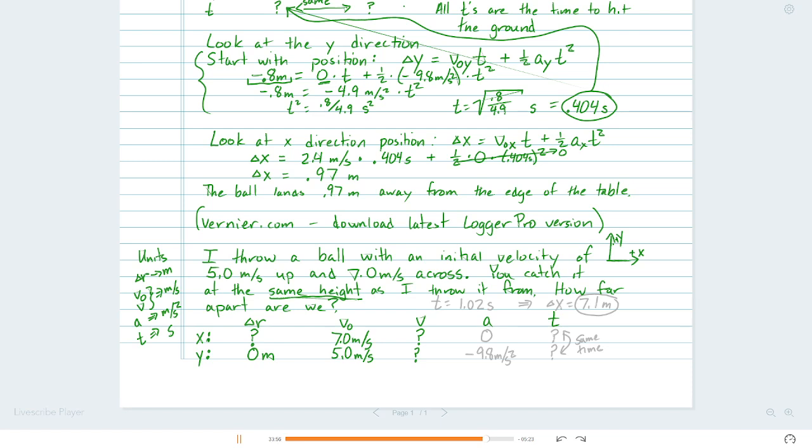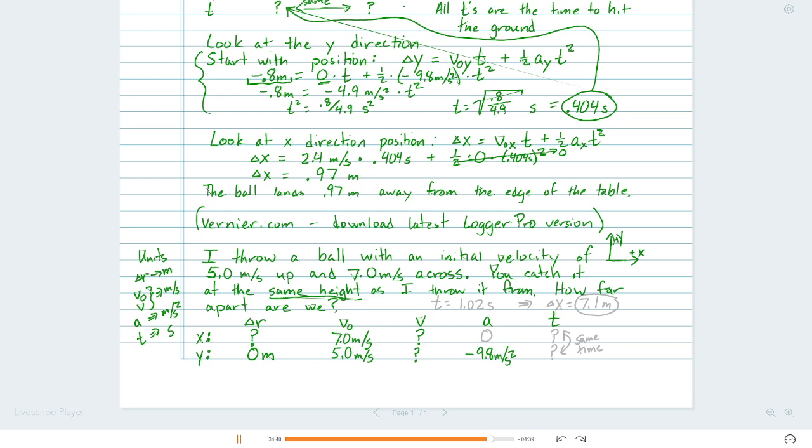Okay, now our acceleration. What do we know about our acceleration? Y is going to be negative 9.8 meters per second squared. How do we know that? It's in free fall. It's not falling though. Right? I threw it. But we don't care. Free fall doesn't mean falling. It just means not being supported. So even though it's going up, it's still in free fall.